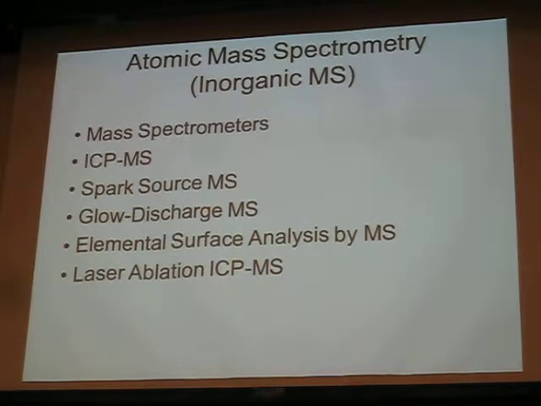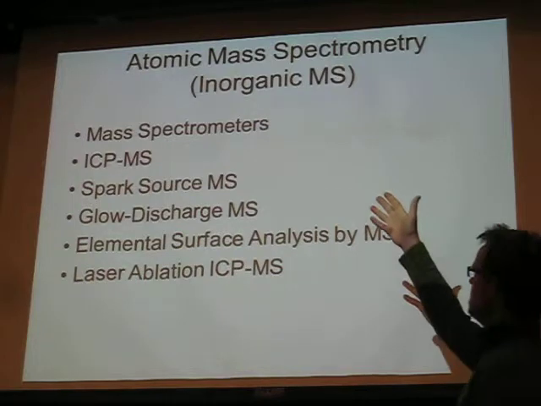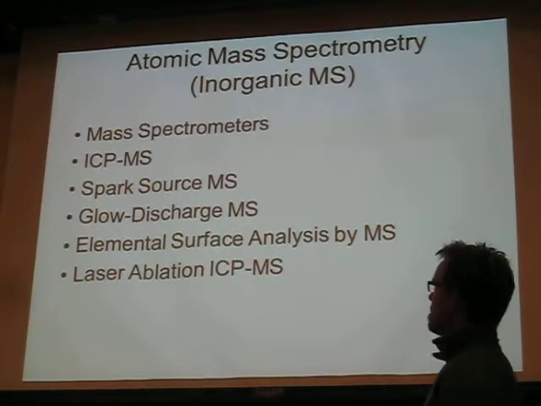The kind of mass spec we'll focus on today is referred to as elemental or atomic mass spectrometry, where your goal is to measure individual ions of a particular isotope or a particular element. And this is just sort of the examples of different kinds of mass spectrometers.